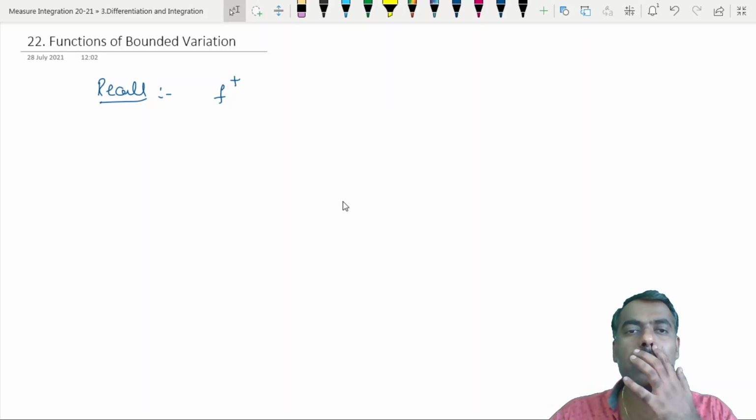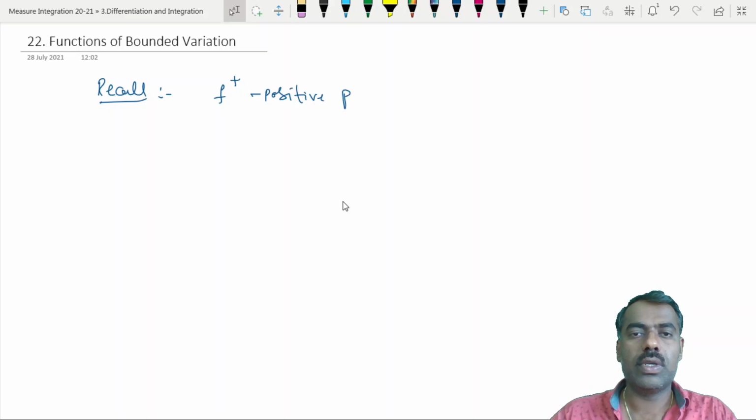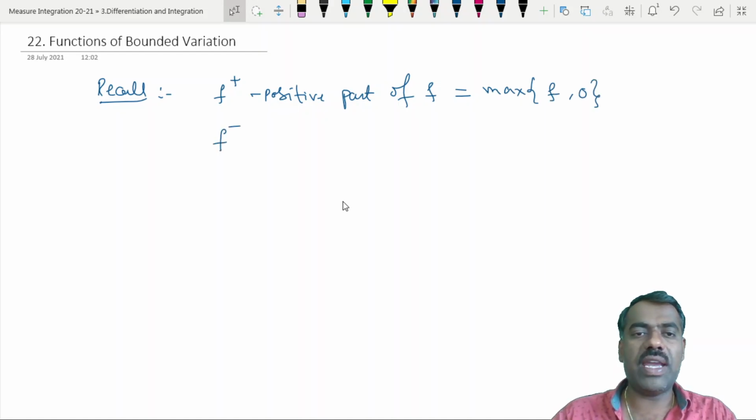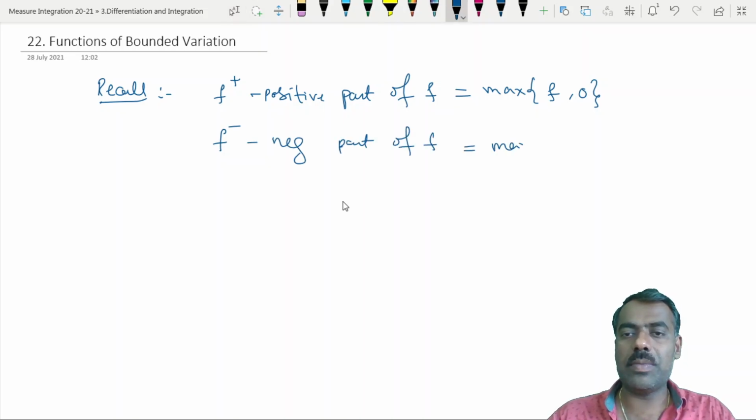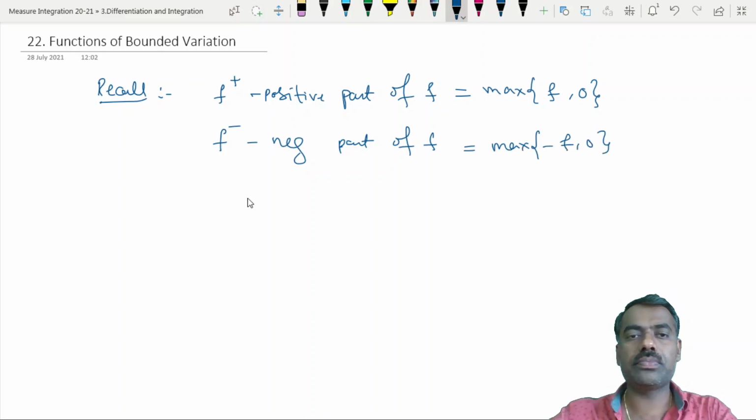It is the positive part of f. Obviously, it is defined as the maximum of f of x comma 0, and f minus is the negative part of f, which is the maximum of minus f comma 0, right?